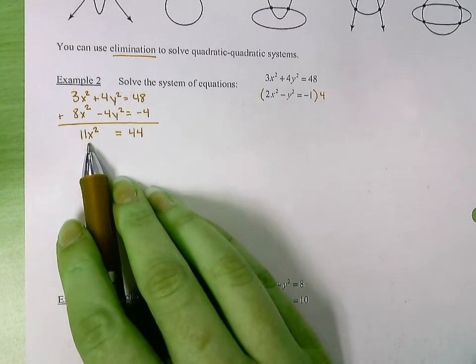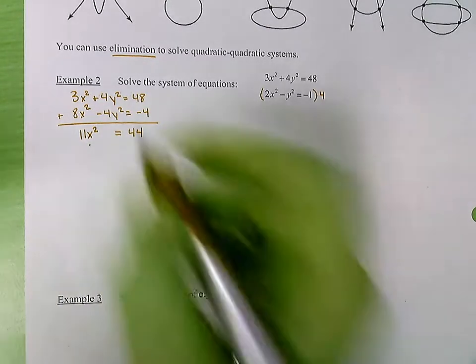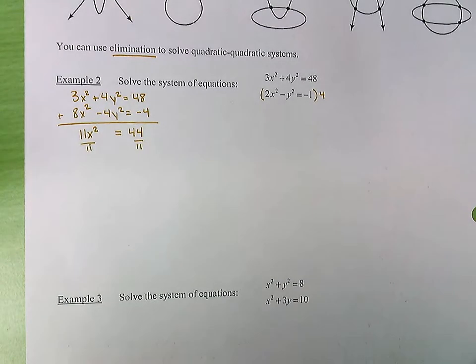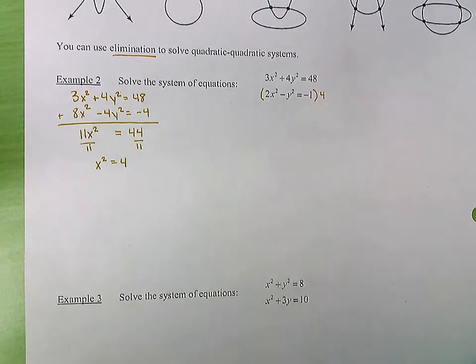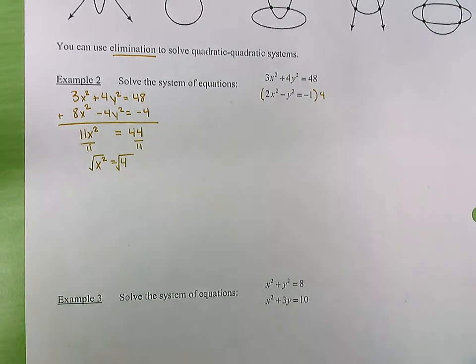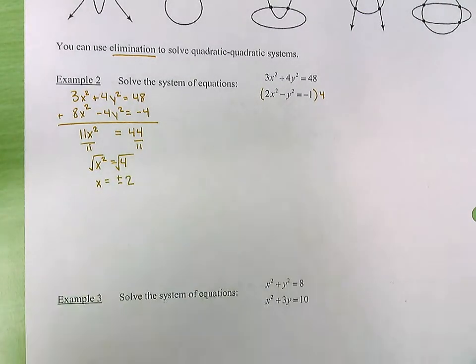From here, I still want to solve for x, right? So I'm going to divide both sides by 11. So I have x squared equals 4. Take the square root of both sides. X is equal to plus or minus 2.